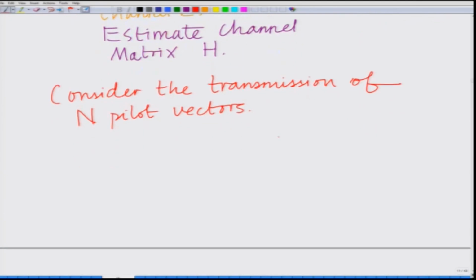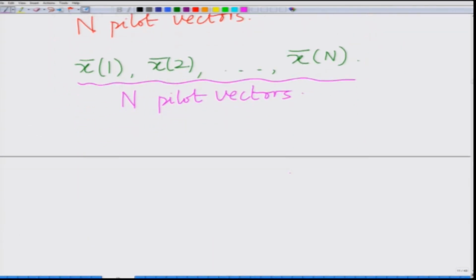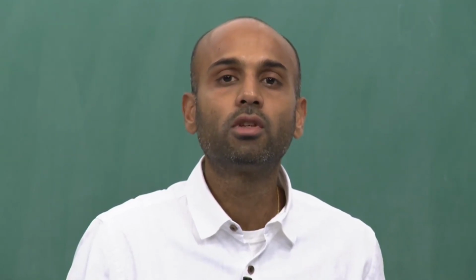These n pilot vectors are given as x bar of 1, x bar of 2, so on up to x bar of n. Corresponding to these transmitted n pilot vectors we are going to have n output vectors. Each pilot vector results in an output vector, so corresponding to each of these pilot vectors we are going to have an observed vector y bar.